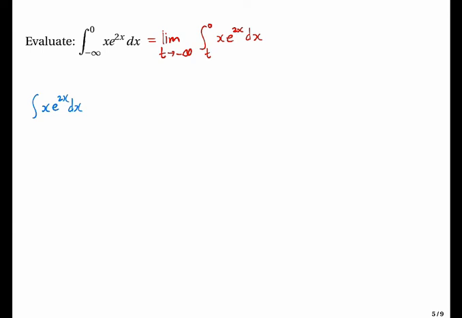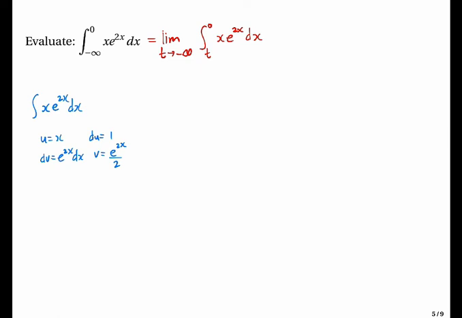You can use IBP. Remember LIATE? This is algebraic, this is exponential, so we can let u be equal to x, dv equals e to the 2x dx. du is just 1, sorry, du must be dx, and then v is e to the 2x over 2.